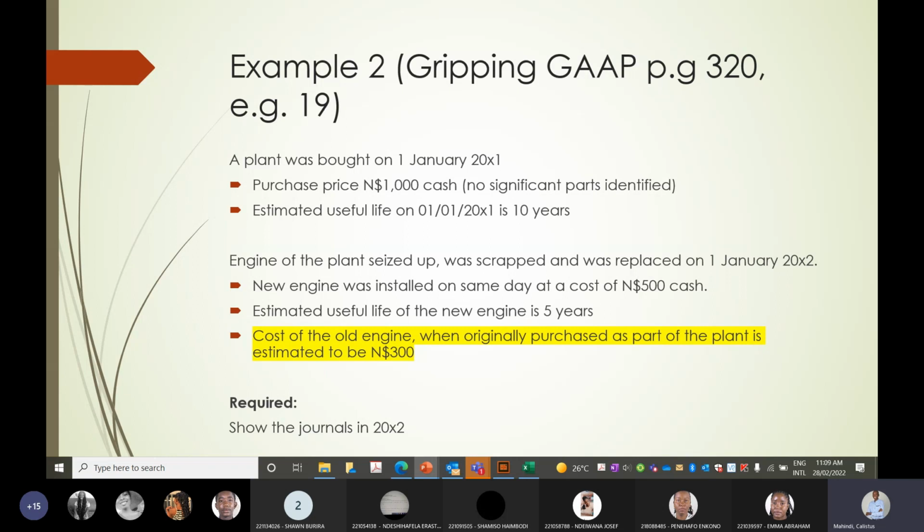So what journal entries will you pass now? You're correct when you say that you account for the disposal, but what journal entries will you pass?